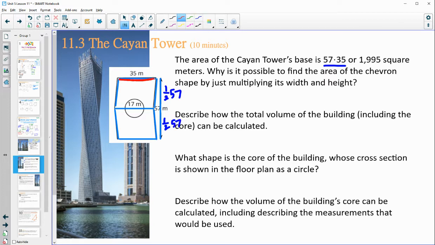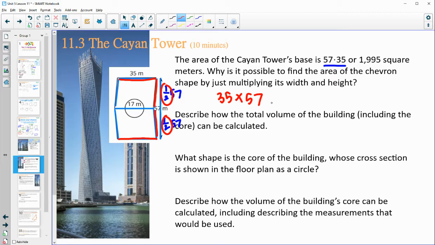So if we do 35 times half of 57, and then we do 35 times half of 57, and we add them together, we're just going to end up with the same answer as 35 times 57 directly. So that gives us 1,995 square meters for each floor.